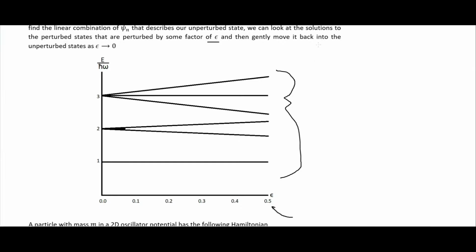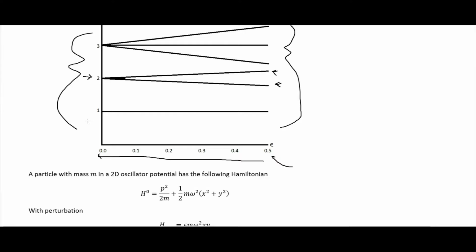Whereas if we take this epsilon back to zero, we end up recapitulating those degeneracies, where now these two states right here have the same energy. And so we'll essentially be doing this.